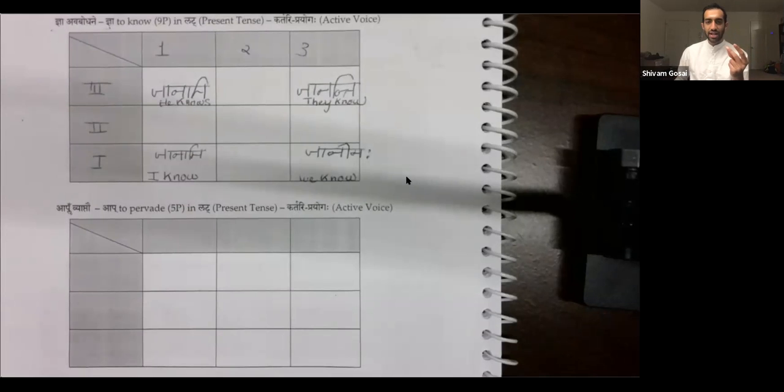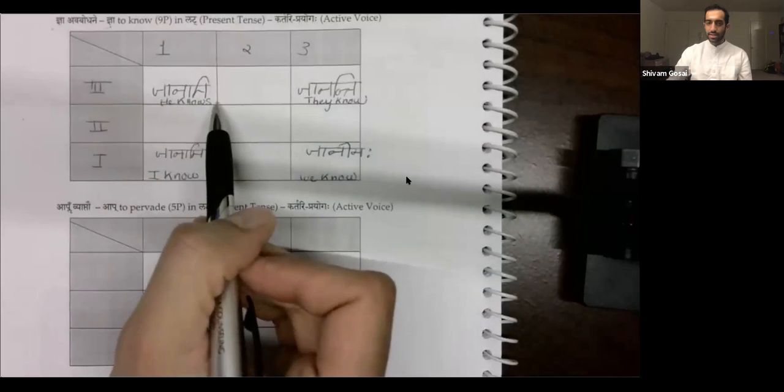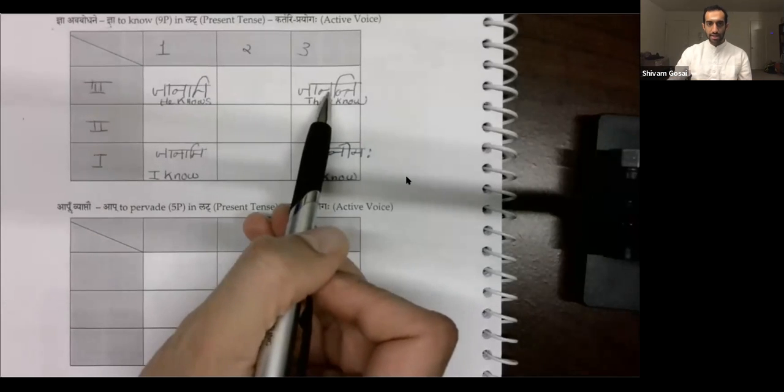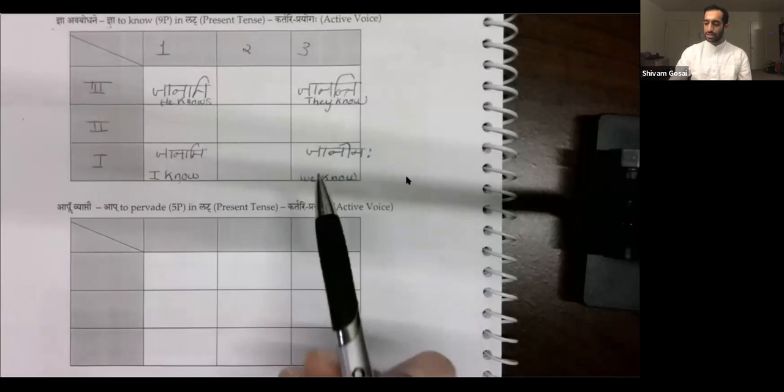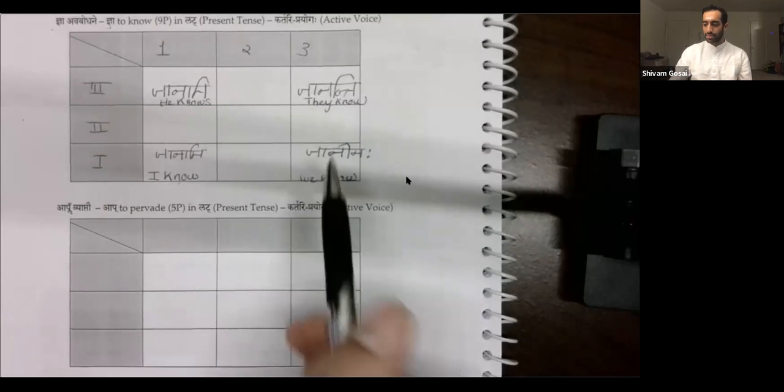Then kru dhatu: karoti, kurvanti, karomi, and kurmaha. I couldn't remember that one, so I need practice too. Then kurute, kurvate, kurve, and kurmahe. And then this last one: janati, jananti, janami, janimah. So these are some that we can become familiar with.